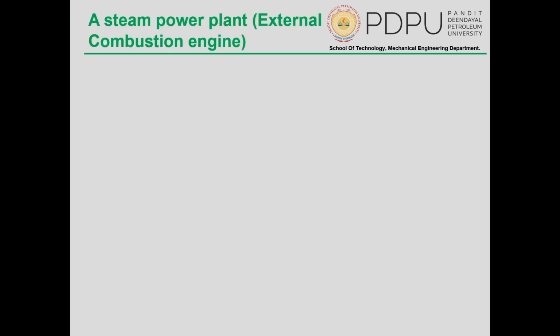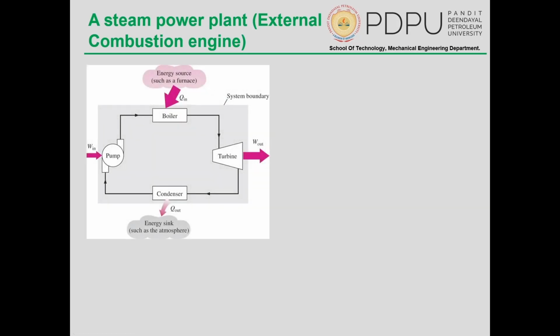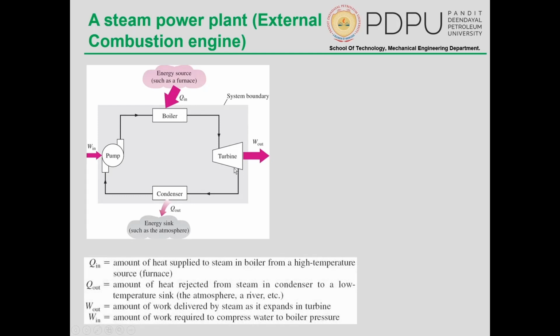Moving ahead, that can be shown with the example of a steam power plant, which is also an example of an external combustion engine. The steam power plant looks something like this, and we have studied all these elements separately in the last chapter. What we have here is a boiler, turbine, condenser and pump.